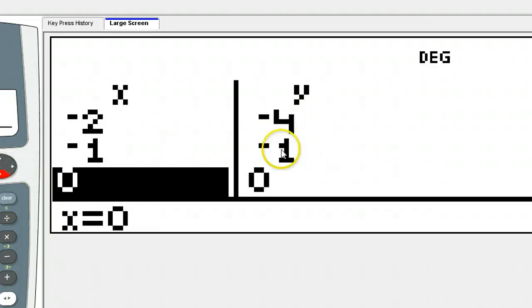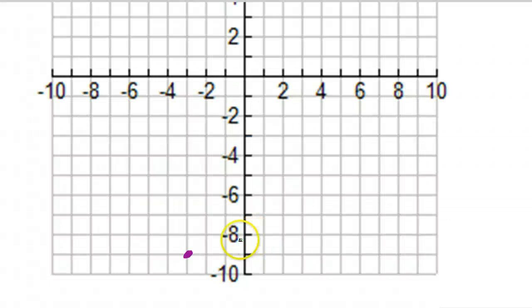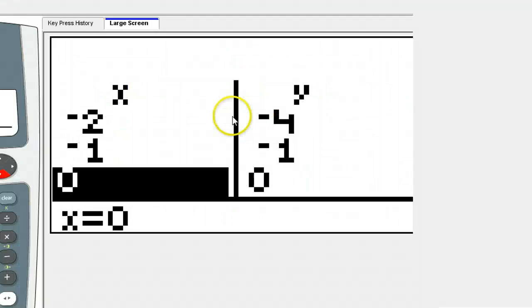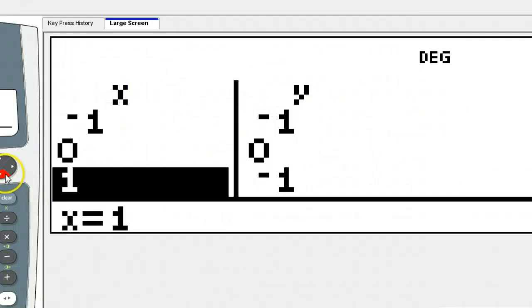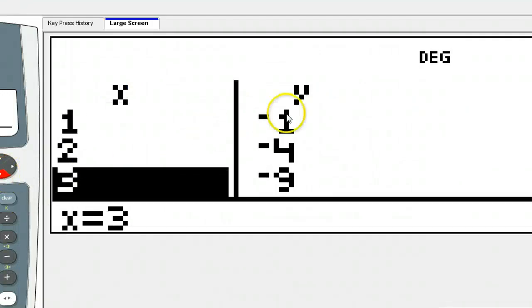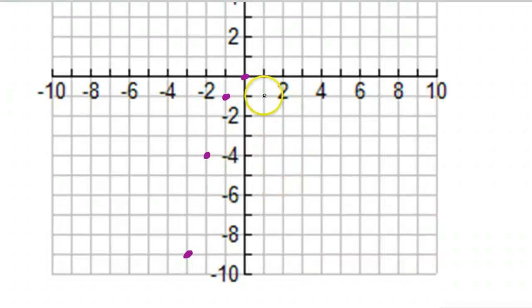Okay, I've got -4, -1, 0. So I've got -4, and then -1, and then 0. And then -1, -4, -9. Okay, so here is my parabola happening.